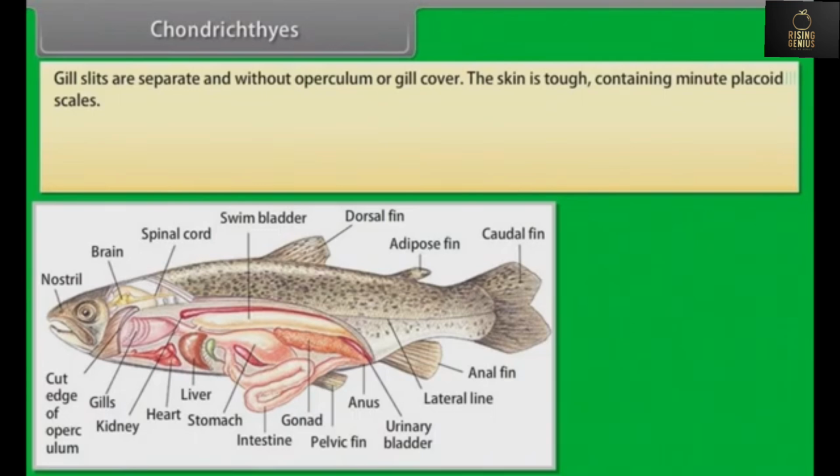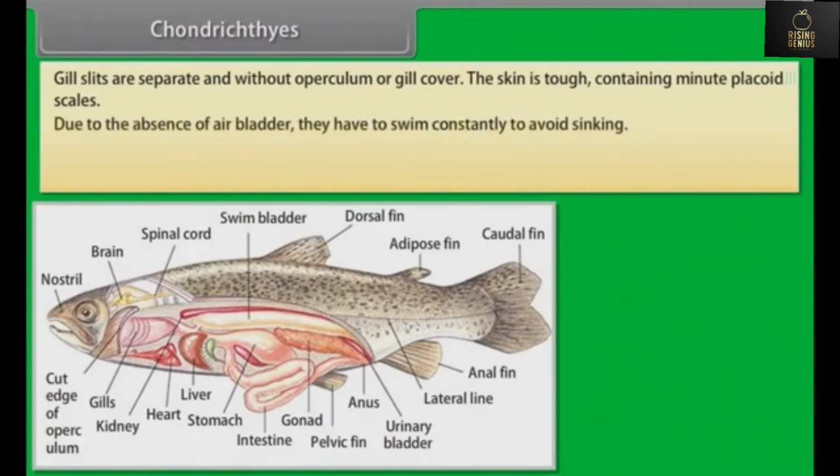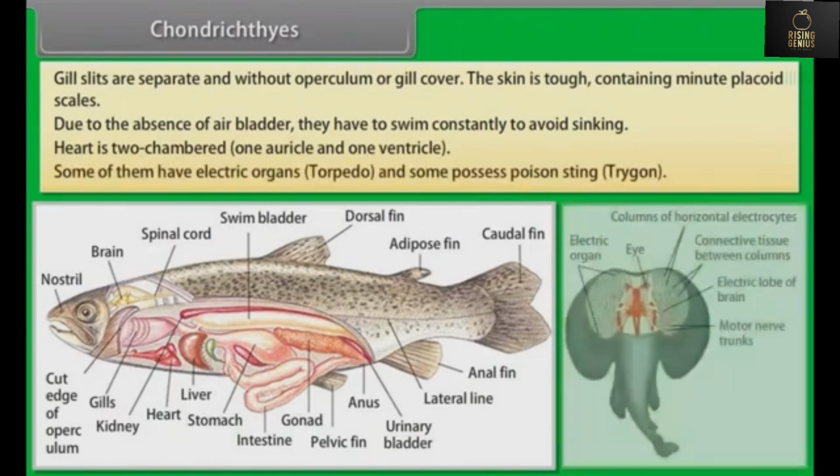Their skin is tough, containing minute placoid scales. Due to the absence of air bladder, they have to swim constantly to avoid sinking. Heart is two-chambered, one auricle and one ventricle. Some of them have electric organs, Torpedo, and some possess poison sting, Trygon.